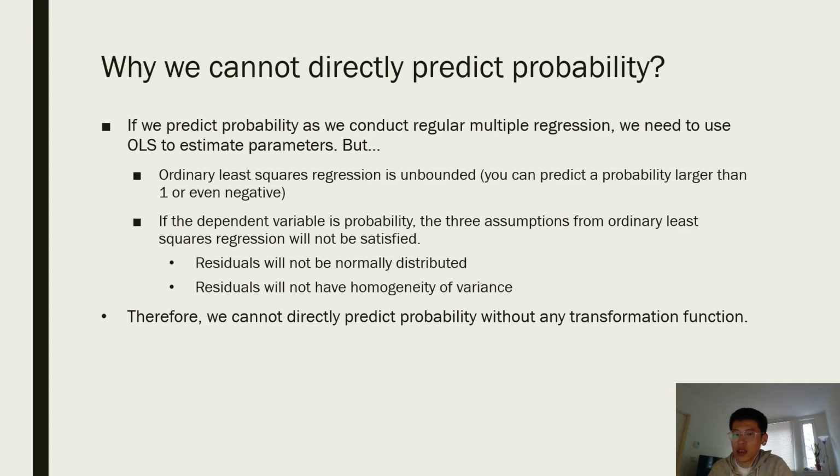So in this lab in R, we're just going to use GLM. In the past, we were using the LM function, but this time we're using GLM, which is generalized linear model.